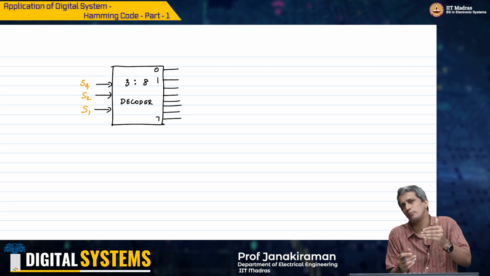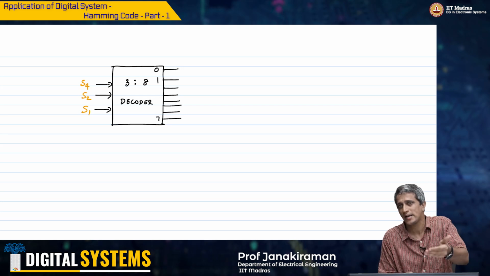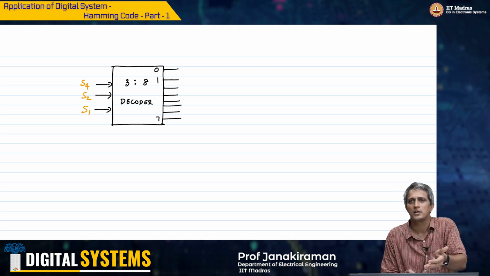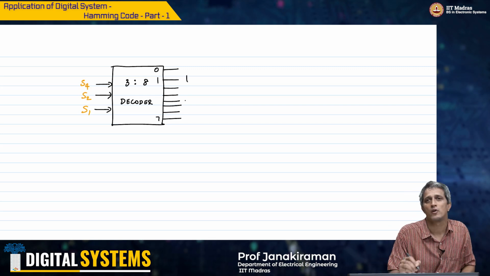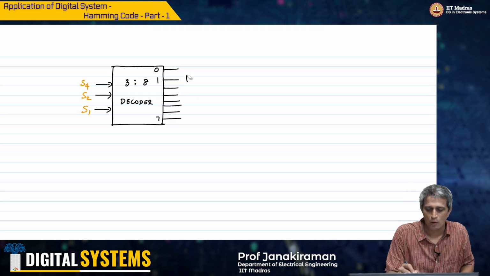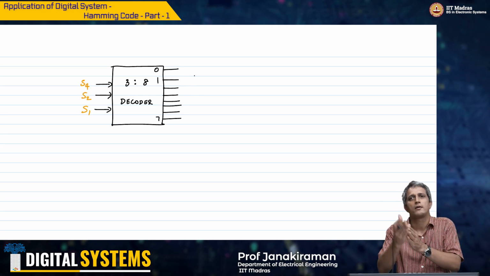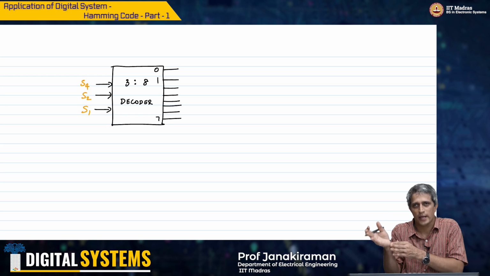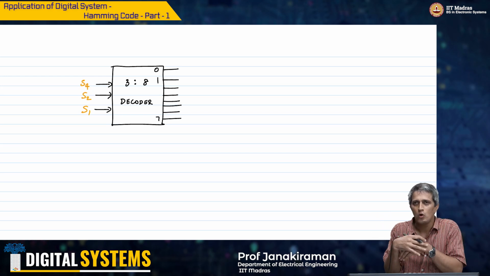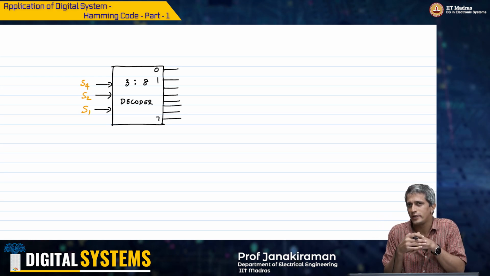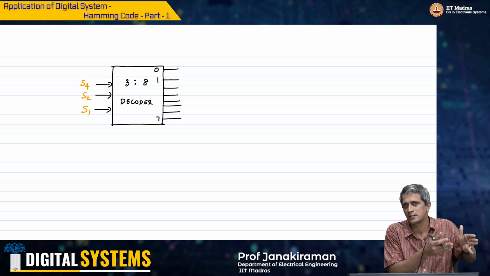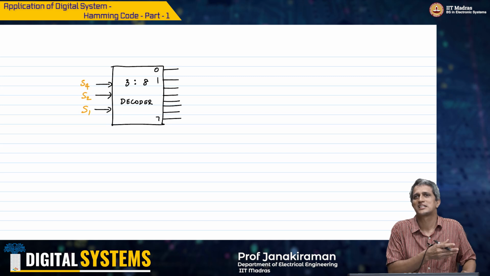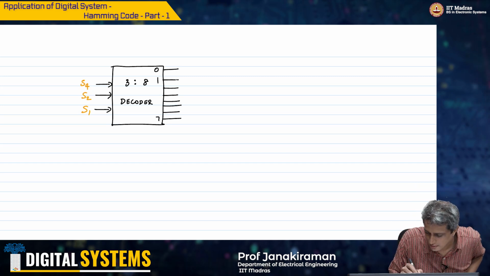So if for example bit position 1 was an error, that is a parity bit is an error, that means that this output will go high, everything else will be a 0. Now in order to fix the error, what do I have to do? All I have to do is to take the received bits, the D hats or the P hats, and simply XOR it with this value.